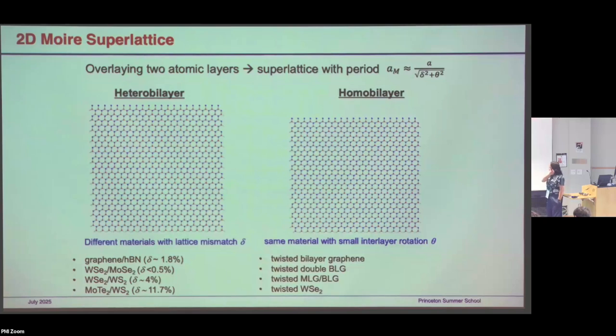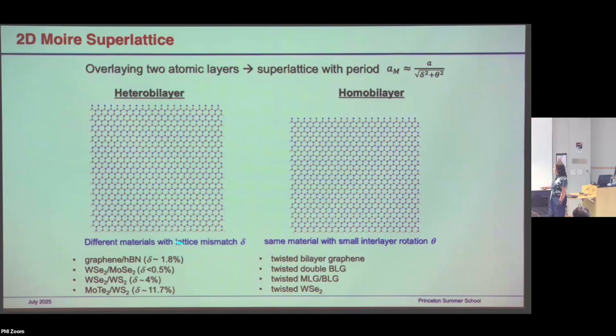Maybe lastly about the fabrication part, of course, now there is a large number of moiré materials, as you probably heard earlier in the talk. When you overlay two atomic layers, you form a superlattice if they have a slight lattice mismatch, or you can have the same material with a small interlayer rotation.